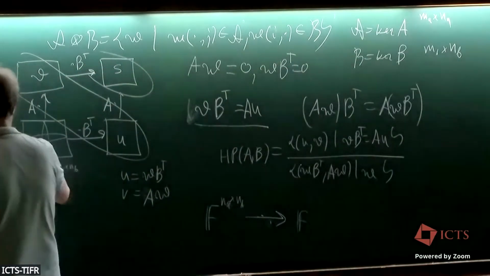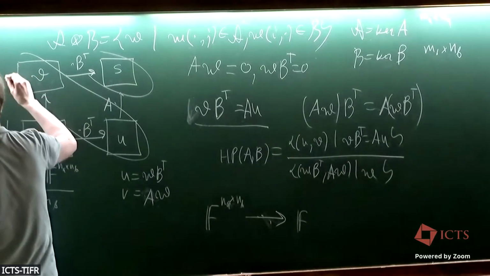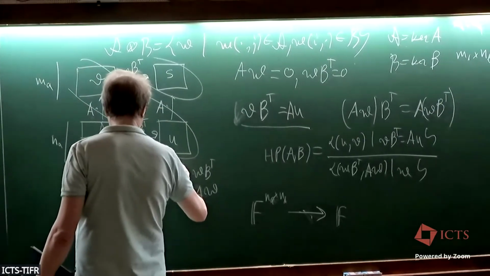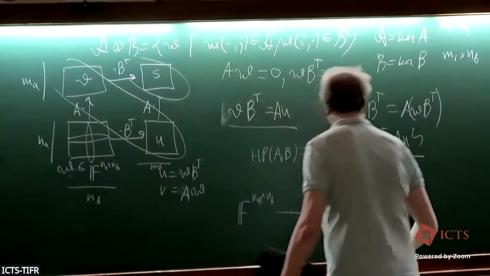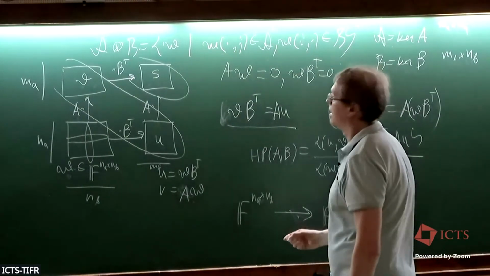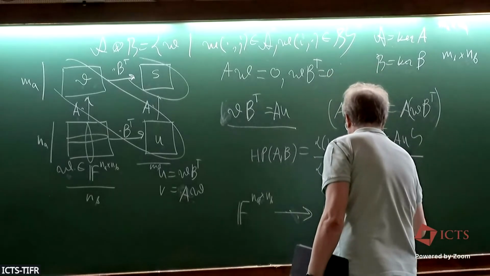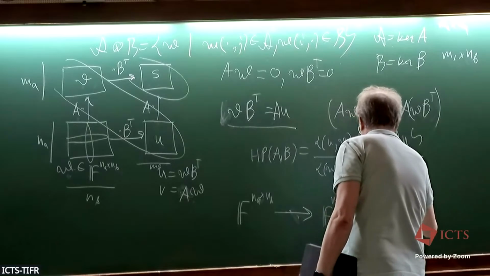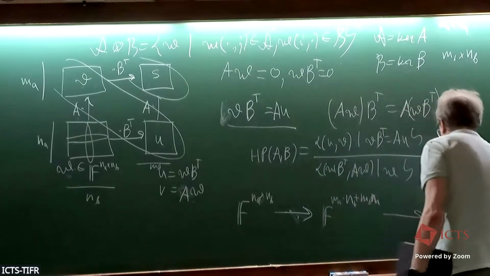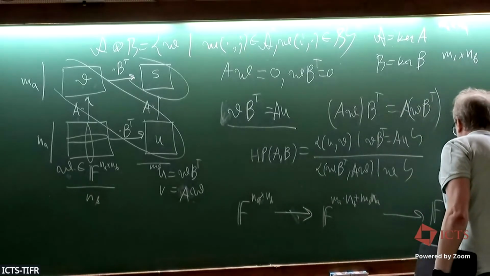So this is NA, this is NB, this is MA, and this is MB. So this is MA by MB, plus NA multiplied by MB. And here we have MA by MB.